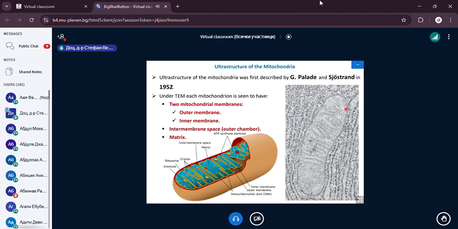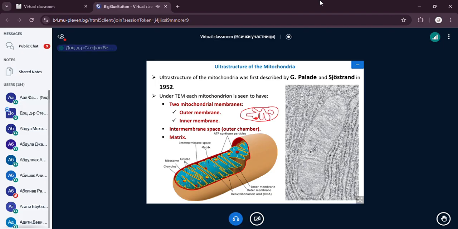And under electron microscope, that's a mitochondrion here, surrounded by rough endoplasmic reticulum. Under electron microscope, a mitochondrion is seen to have two membranes, an outer membrane, an inner membrane which forms infoldings called cristae.